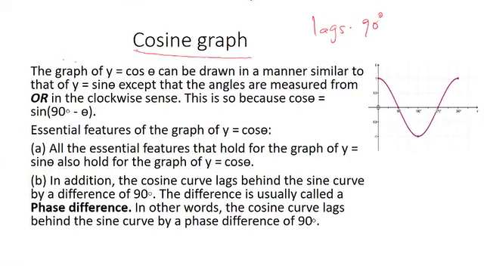When you talk about amplitude, the amplitude of the cosine graph is located at 180 degrees, while that of the sine graph is at 90 degrees, and the next one is located at 270 degrees. There's not much difference between the sine graph and the cosine graph, but the only difference is that the cosine graph lags the sine graph by 90 degrees.